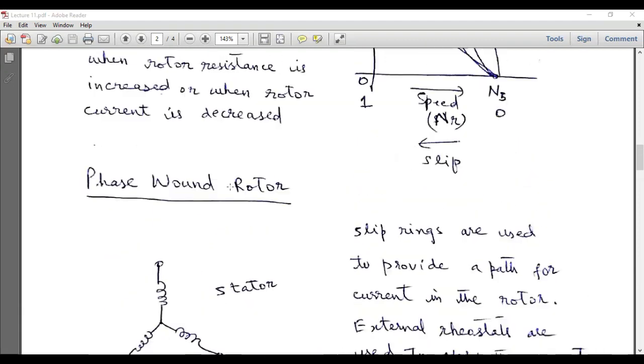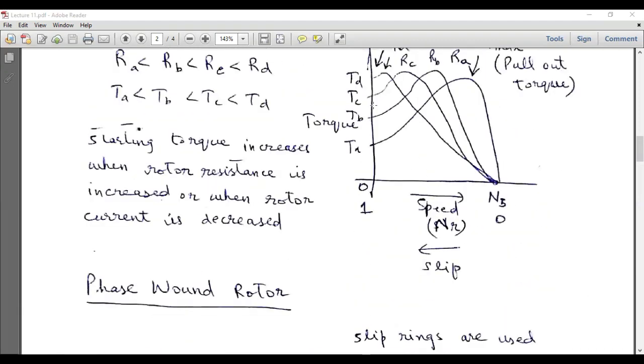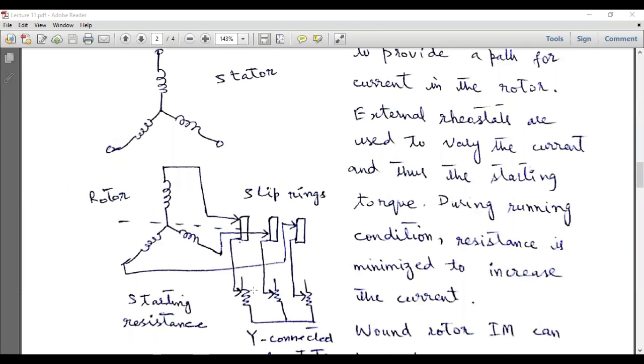The same idea applies over here: at start we need to fix the value of the rotor resistance at the highest value, and as the motor shifts towards the running condition, these values of rotor resistances should be decreased, and vice versa. So when a motor is coming back from running mode to the stationary mode, these values of resistances should be increased. So that's all about our today's lecture.